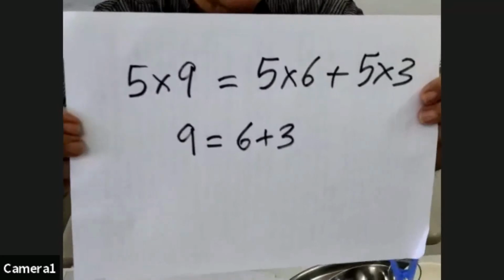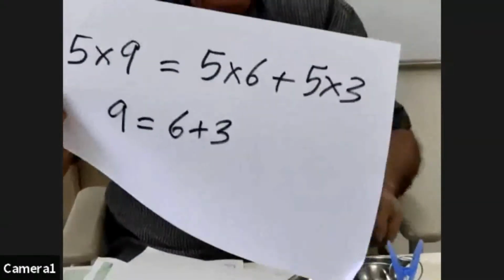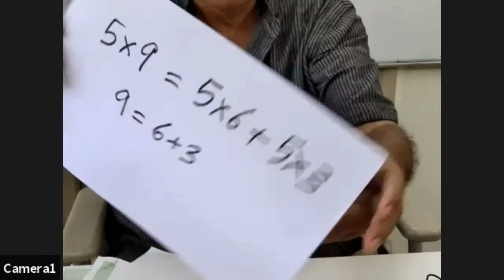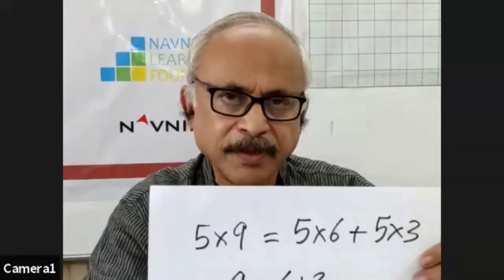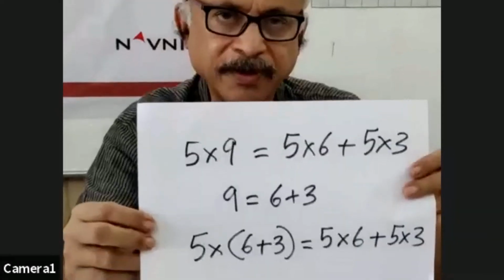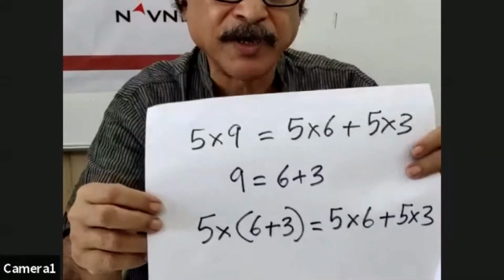We have to replace, put 9 equal to 6 plus 3, and I will write what Nandita has done, which is 5 into 6 plus 3 is equal to 5 into 6 plus 5 into 3.